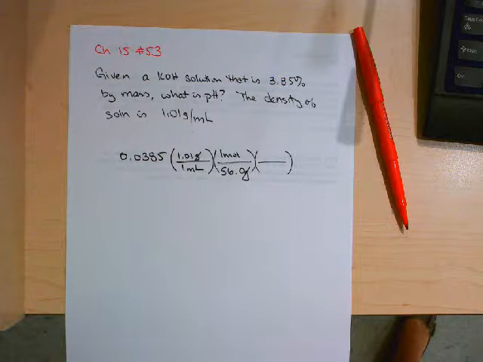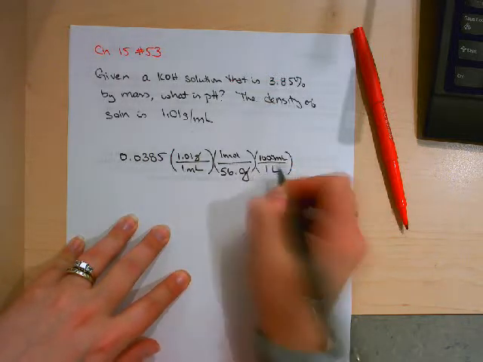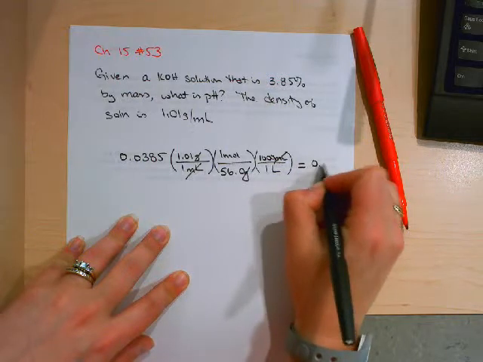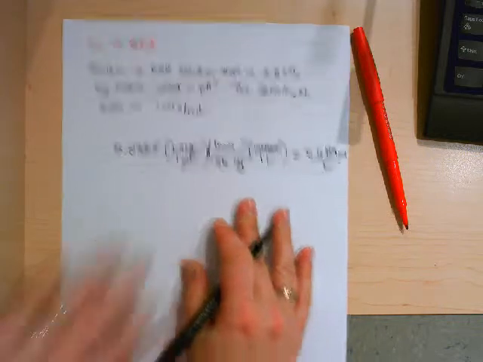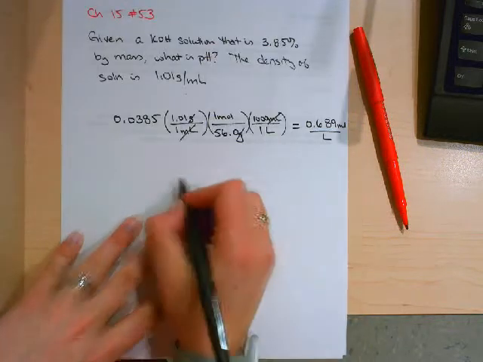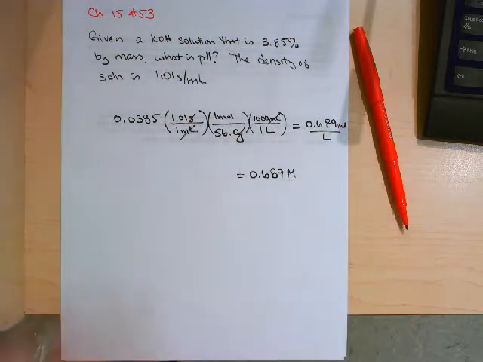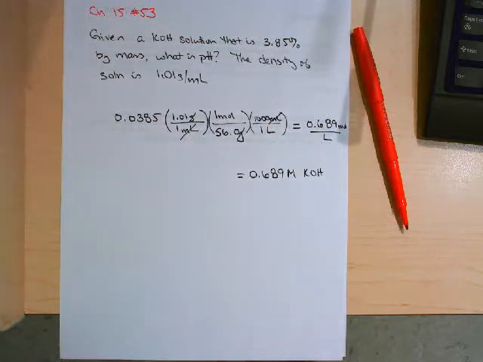Pretty darn close. What do I need to do to get into a molarity unit? Convert milliliters. So how many milliliters in a liter? 1,000. Alright, so now we have molarity KOH.